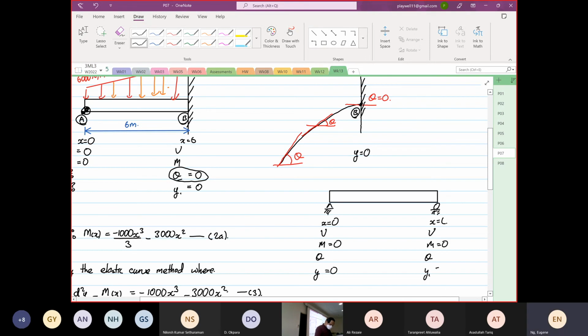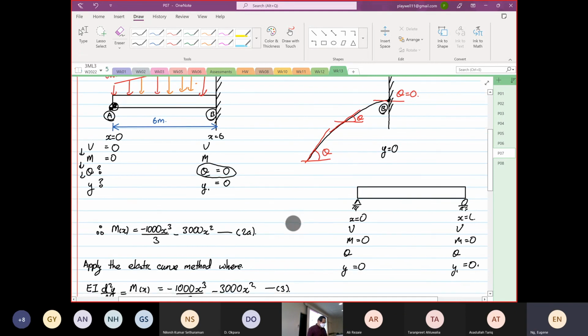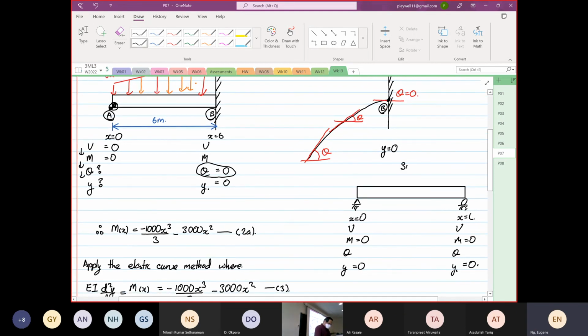This is what will change. Can you all see the difference when it's simply supported? The boundary condition changes. Then again, mathematically, the answer will be different. Does that answer your question, Ali?